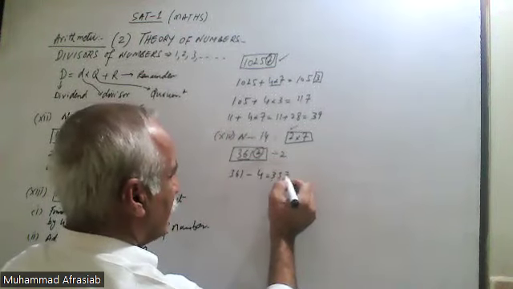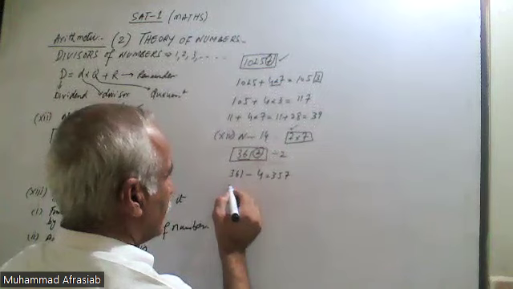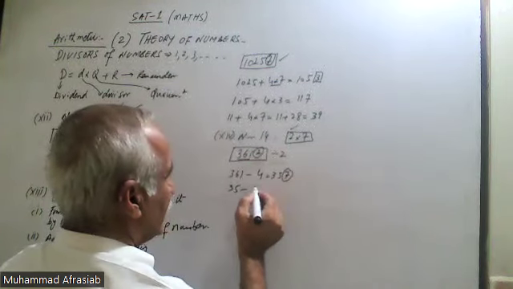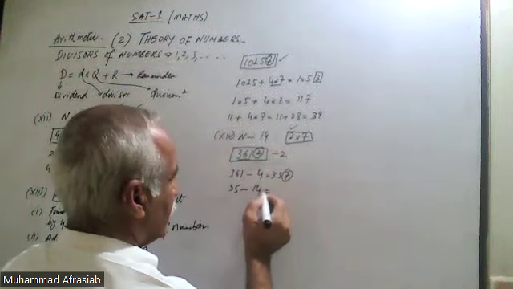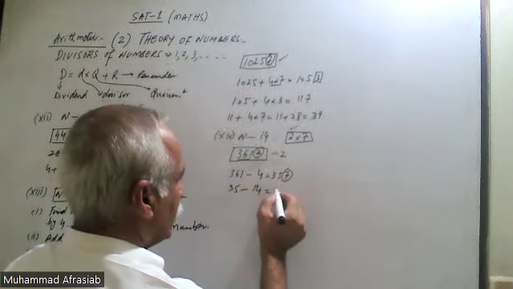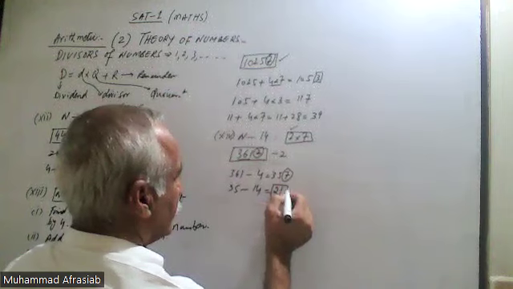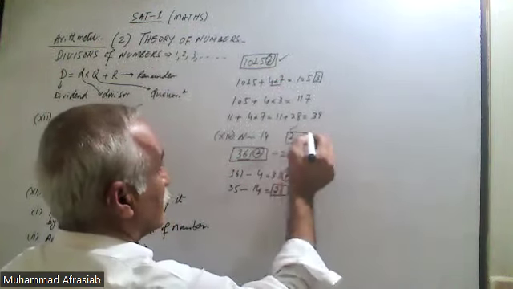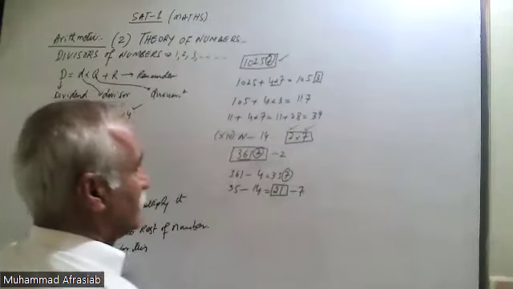Then again we will proceed further. 35 minus 2 into 7, that is equal to 14, and that number is equal to 21. Since 21 is divisible by 7, this whole number is divisible by 7.